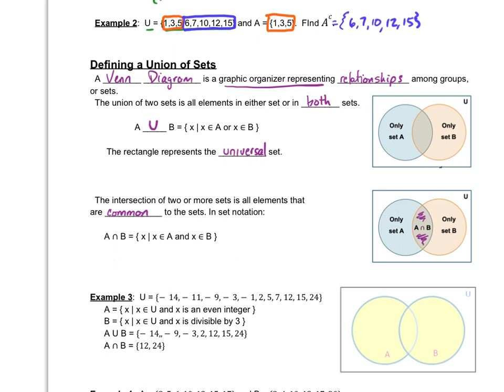In set notation, before we were talking about the union being either-or. Here, A intersect B is the set of all X such that X is an element of A and an element of B, because they overlap. They're in both, so that's the intersection point.